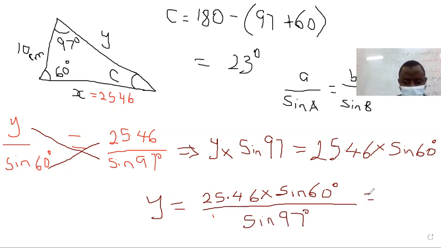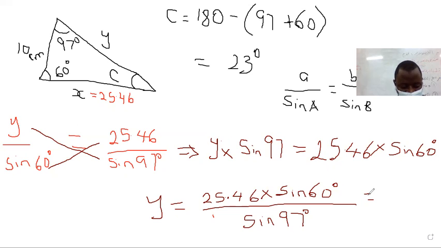We press our calculator, 25.46 multiply sine 60 degrees, divided by sine 97 degrees.